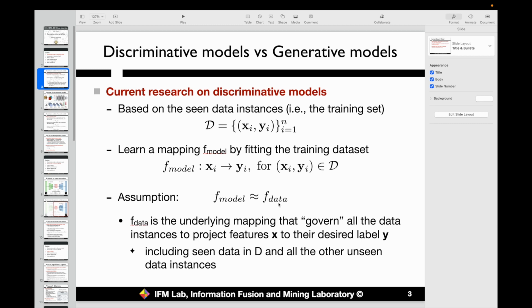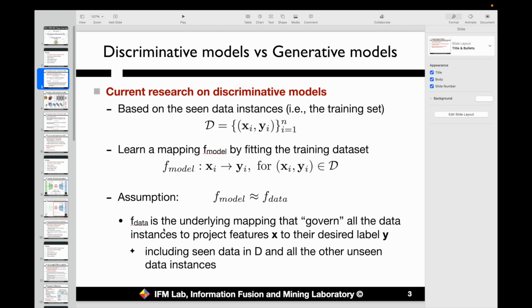So because we don't know the F data, we want to learn a model by fitting the data set we provide as the training instances. Normally we have an assumption: by fitting the data, we can learn F model, and we assume this F model, this mapping, will be very similar to the F data model, which governs the true data distributions in the real world.